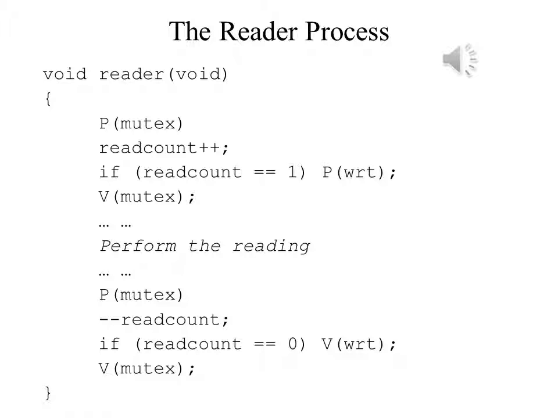We use the mutex semaphore to protect the critical section, where we increment the count, and then if the count of readers is 1, we use the P operation on the writer's semaphore to enqueue this reader with the writers. In the other critical section, we do the reverse when finishing. This prevents starvation of readers and writers.